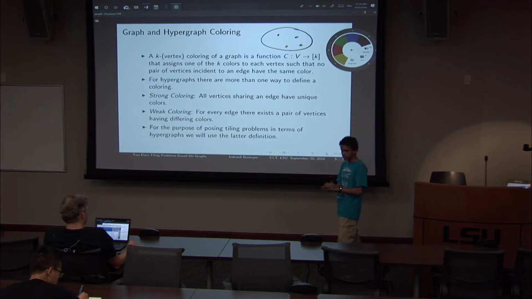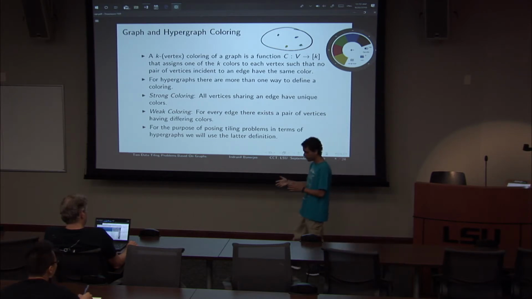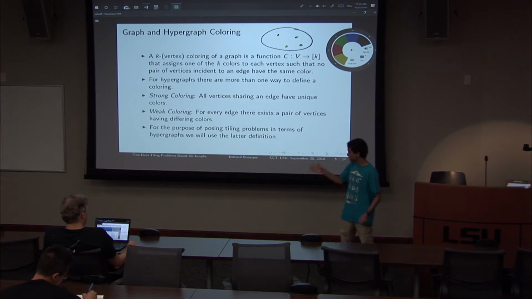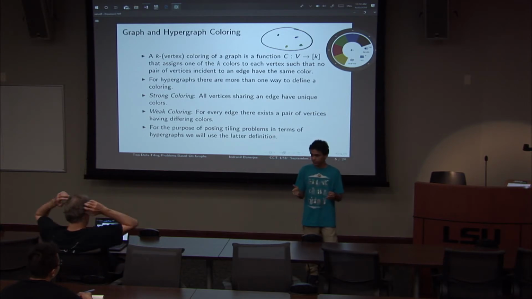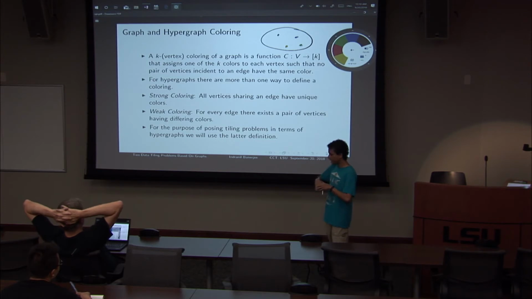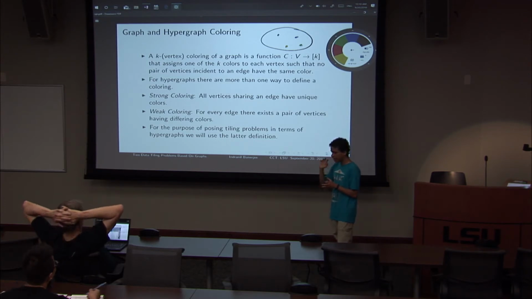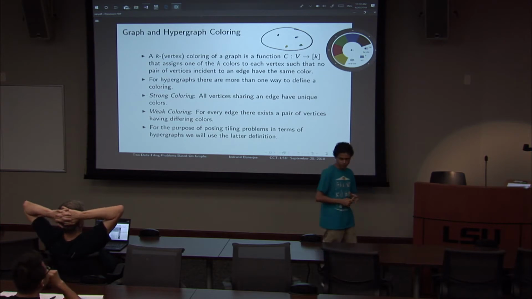That's a strong coloring. So all the vertices that participate in a hyperedge must have a unique color. And a weak coloring is where there must exist at least a pair of vertices that have different colors. In other words, each hyperedge cannot be colored by just one color. At least 2 colors need to be used.